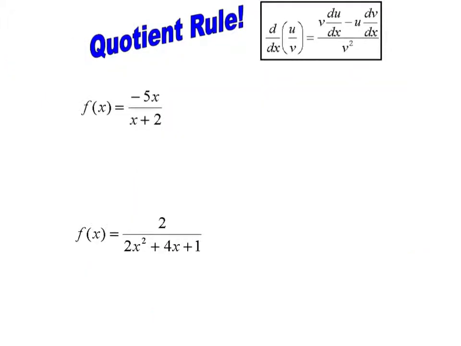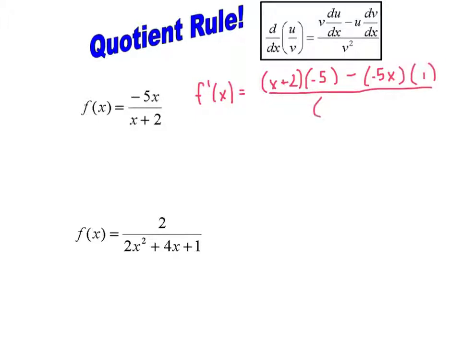A couple examples. If I want to find the derivative, we do the low d high. Well, the derivative of the high is just negative 5. Minus high d low. The derivative of x plus 2 is just 1. Cross the line and square that low. Okay. Now, let me just do a little simplifying on the top.